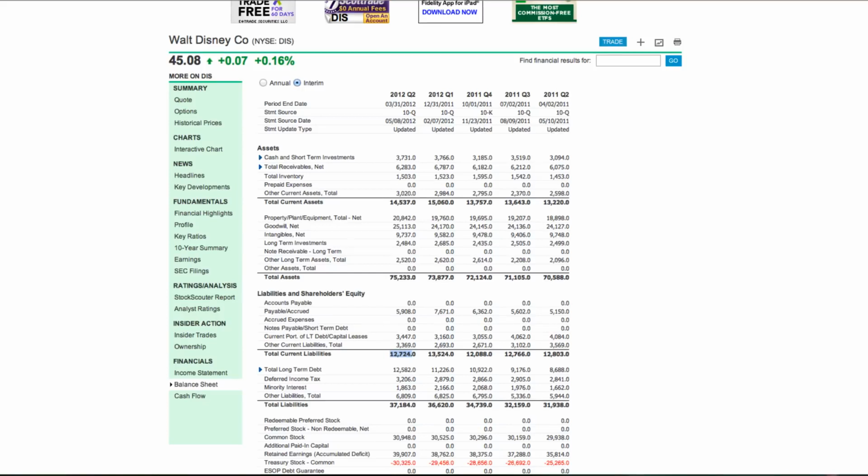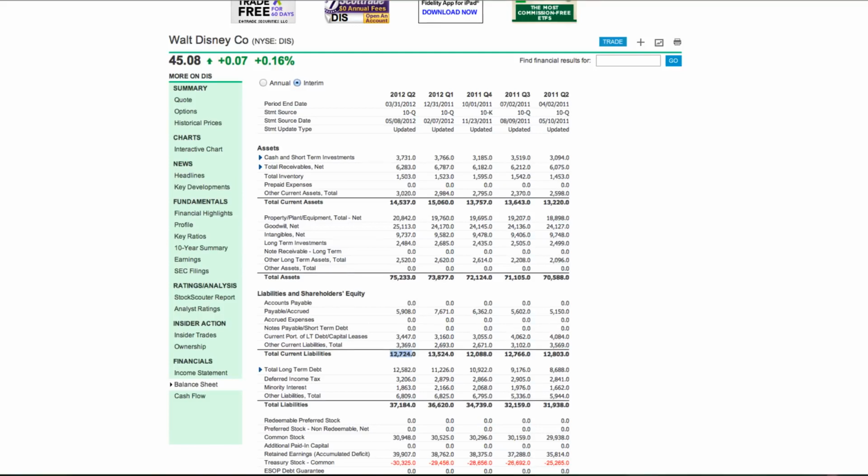What you're really looking for is a company that's above 1.5 and maybe around the 2.0 range. But this is still acceptable at 1.14. If you were really interested in buying Walt Disney and all the other fundamentals that we're going to talk about in the follow-on lessons checked out, maybe this is something you would assume the risk on, knowing that it is pretty close to 1.0.